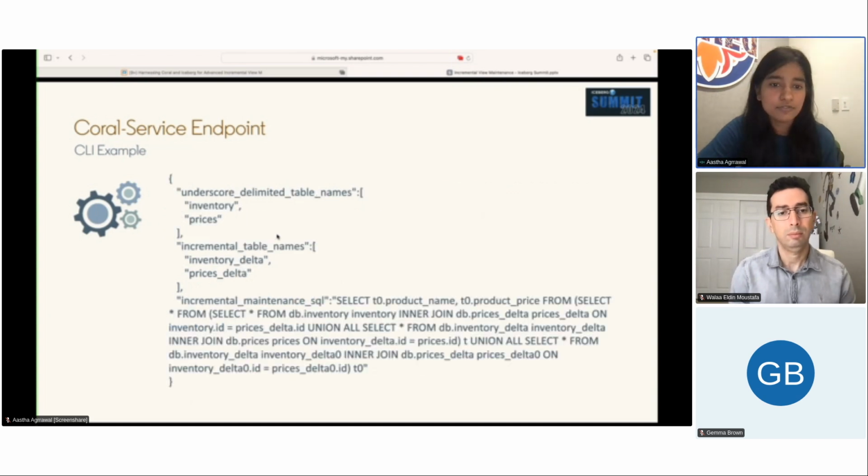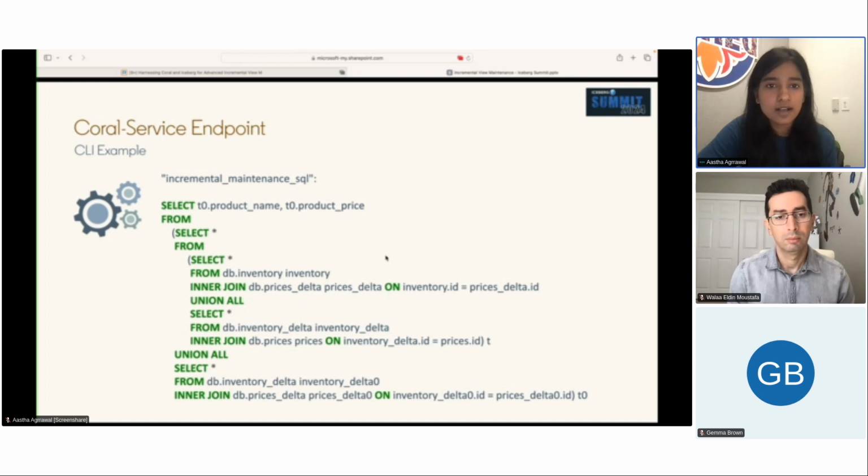In response, we get the incremental SQL version, which is defined in terms of the base data sets, which is inventory, and the delta versions of the data set, which is the table underscore delta. It also returns the same base table names and the incremental data sets which are referenced in the incremental SQL.